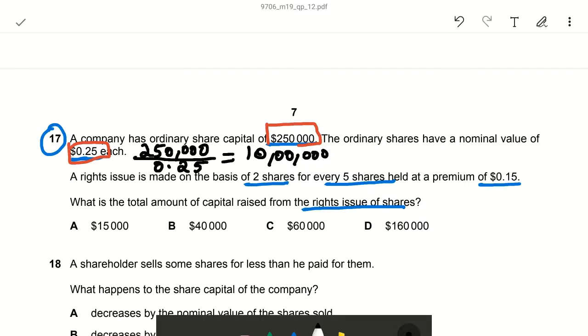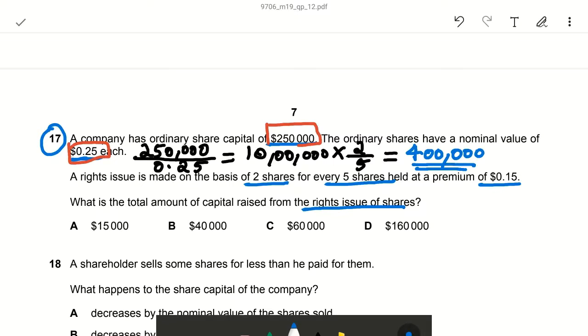Out of this, for every 5 shares held, the company is giving 2 shares. So the company is issuing 400,000 shares in the rights issue.